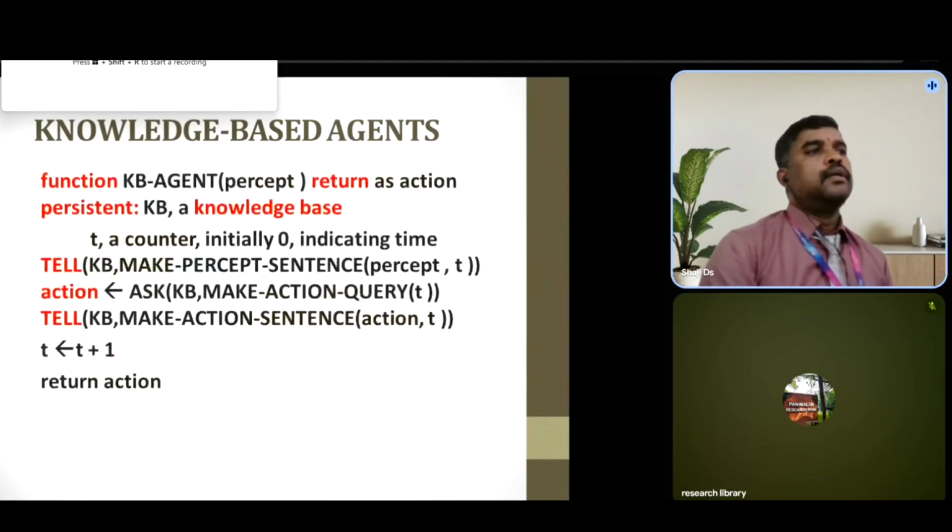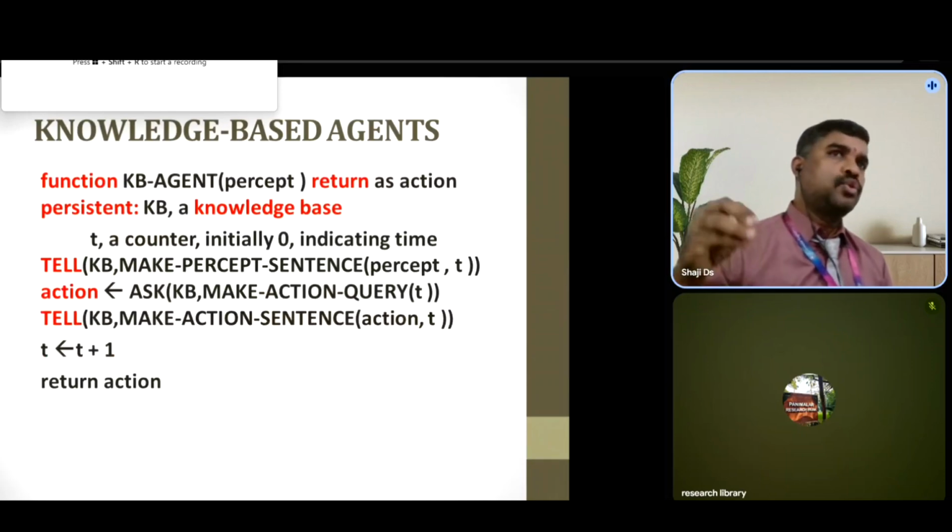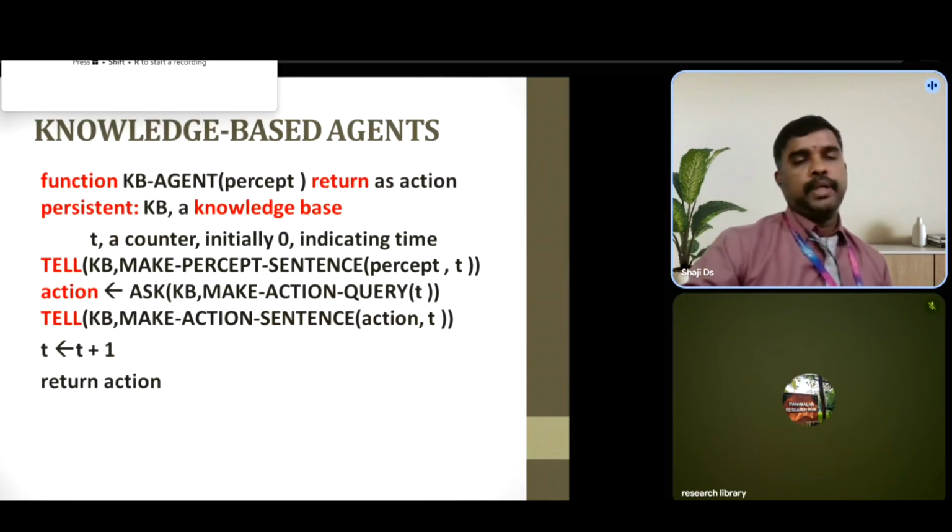So the knowledge agents have the functions and persistence. How we can store data in the knowledge base and how we retrieve a query from the knowledge base, we have to describe here.